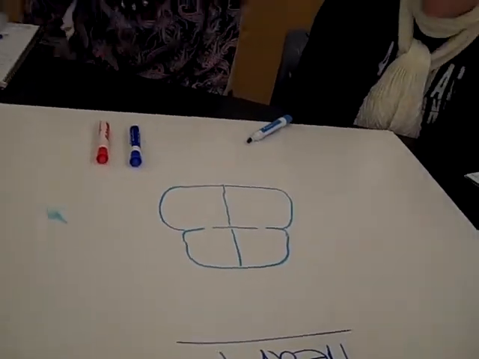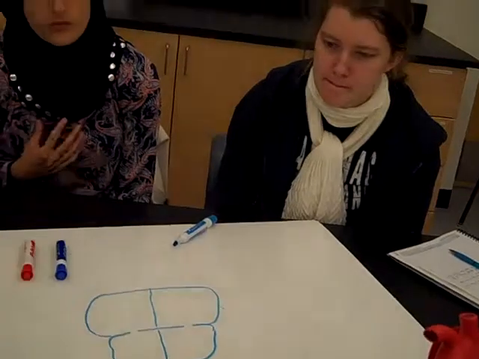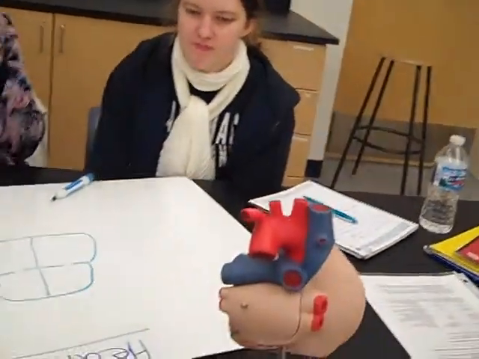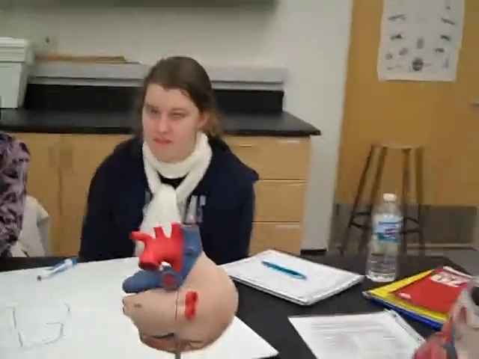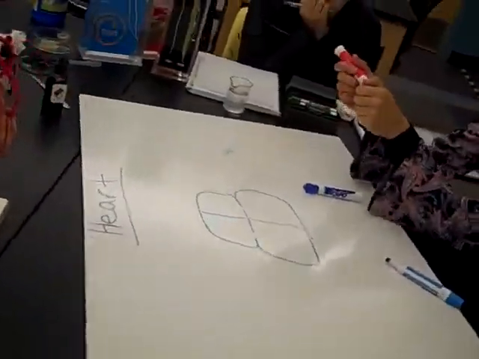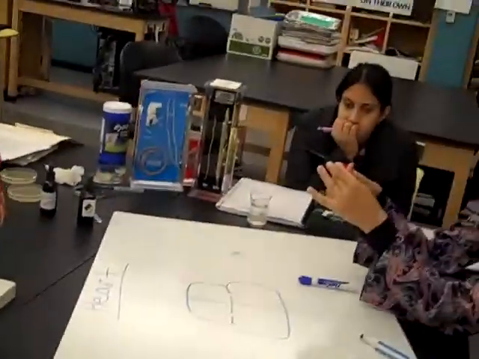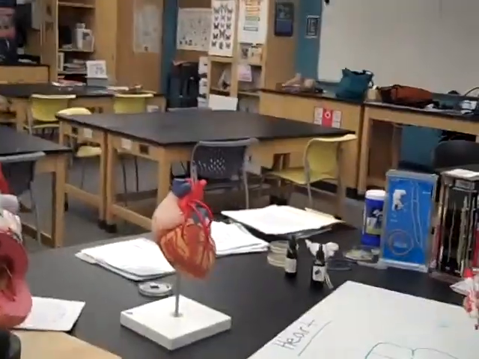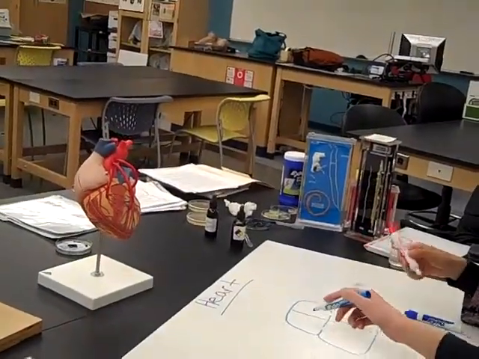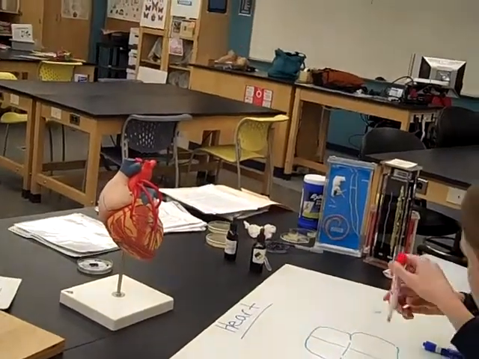coming out of the top chamber, at the top left chamber, I want you to put a blood vessel coming out at the top left, so looking at the left. Oh yeah, you can use red.